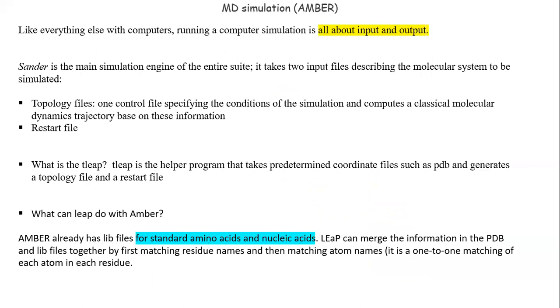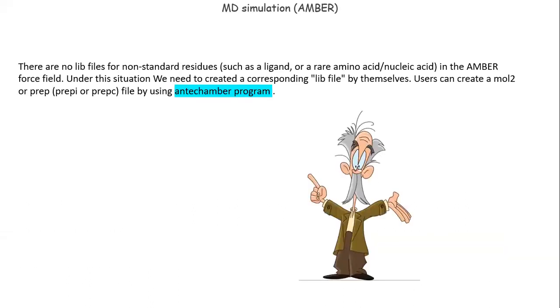We have ligands, water molecules, and metal ions, and for a realistic simulation we need to have all these non-standard residues in our system or topology file. So how should we add these? Amber has a program named Antechamber.